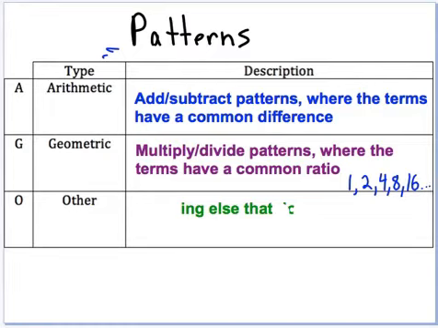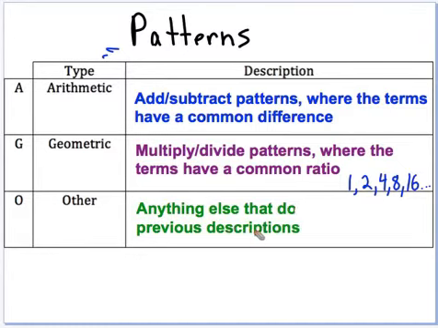All right, and then the last category is just other. So if it's not adding or subtracting every time, and it's not multiplying by the same number every time, then it's an other, okay? Now, there's tons of different types of other patterns.